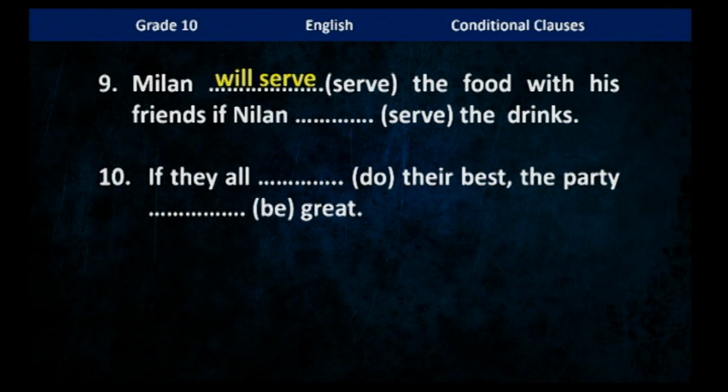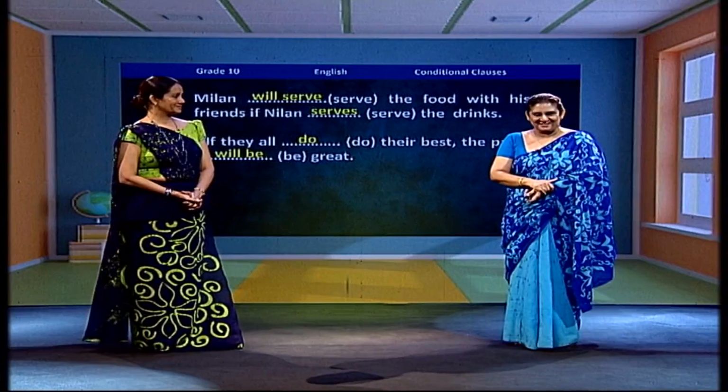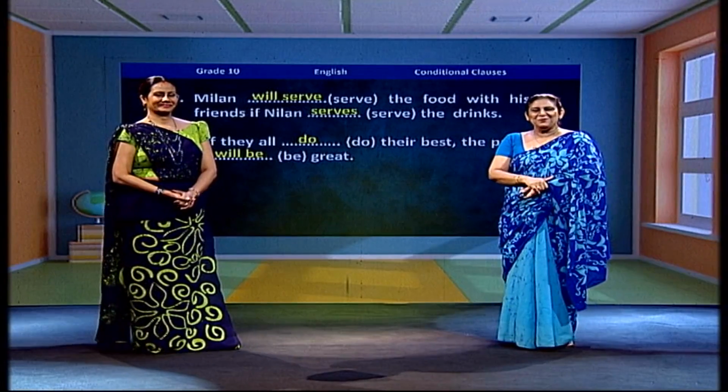Milan will serve the food with his friends if Nilan serves the drinks. The last one, if they all do their best, the party will be great. See, collective effort, right? So, when you get together, you can do many things together, right?